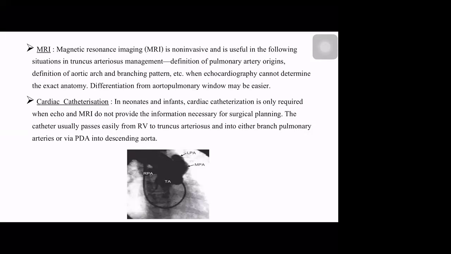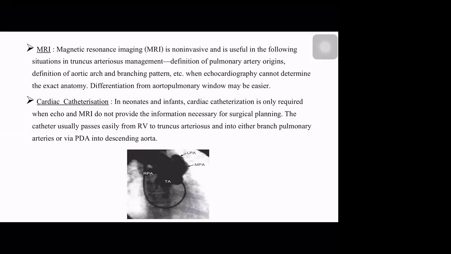Now, what MRI will extra guide us is extra information about the origin of the pulmonary artery, the origin of the aortic arch branches and their branching pattern. And definitely the pulmonary artery branches, whether there is any stenosis present or not.